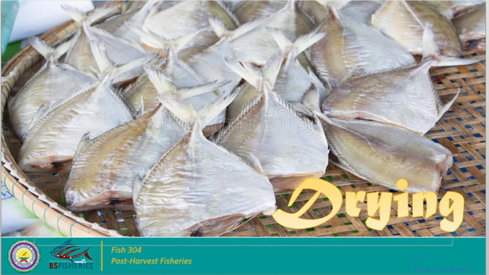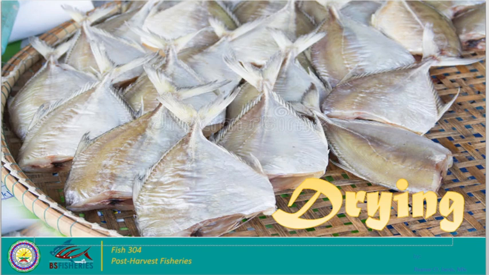Alright, now in the first phase of drying, there are factors that influence the removal of moisture content. The first factor that influences the rate of drying in the first phase is the surface area of the fish. Obviously, it is directly proportional.